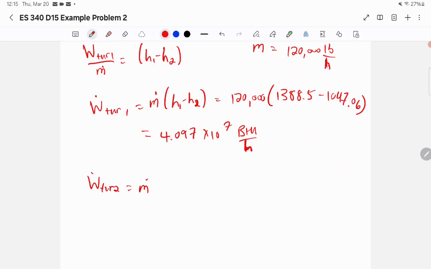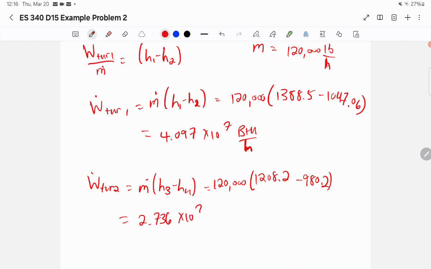that's going to be M dot times H3 minus H4, which equals, again, the 120,000 times 1208.2 minus 980.2, and that comes out to be about 2.736 times 10 to the 7th BTU per hour.